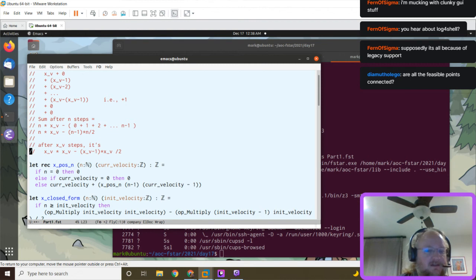Does that help us? So what that says is for a given range of x, we only have to search up to a given maximum.